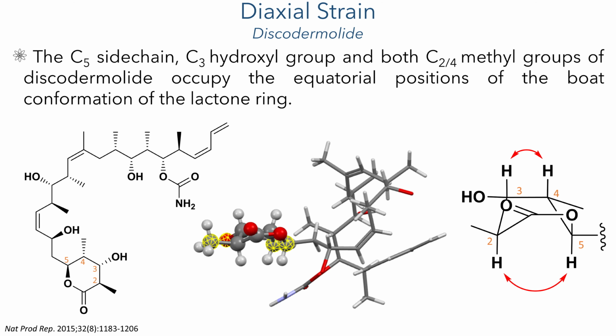So let's look at discodermalide again and the influence of diaxial strain on its conformation. The lactone ring adopts a boat conformation, and the C5 side chain, the C3 hydroxyl group, and both C2 and C4 methyl groups occupy equatorial positions. This conformation minimizes the diaxial strain by putting the smaller hydrogens in the axial position.